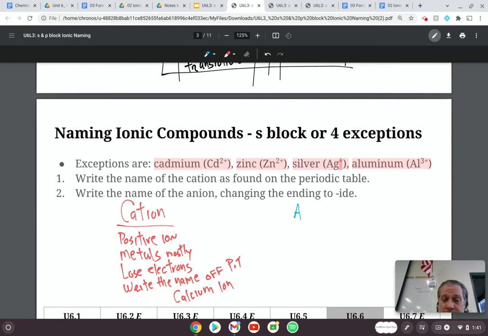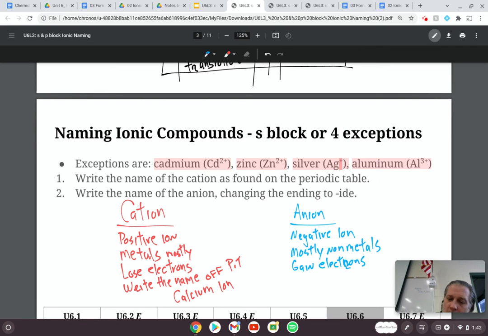The anion is the negative ion. It's mostly nonmetals. These tend to gain electrons. And when we write the name, we write the name off of the periodic table, but we change the ending to IDE.